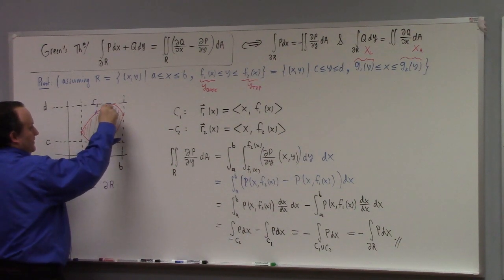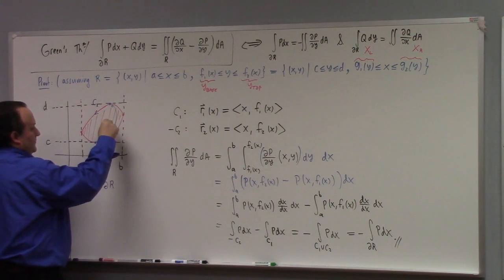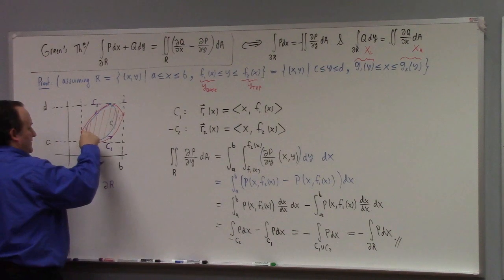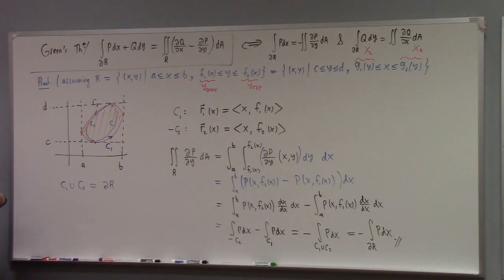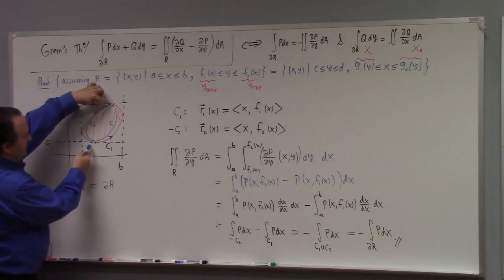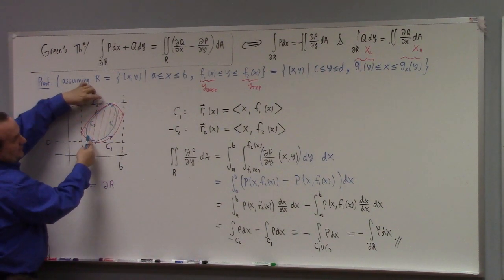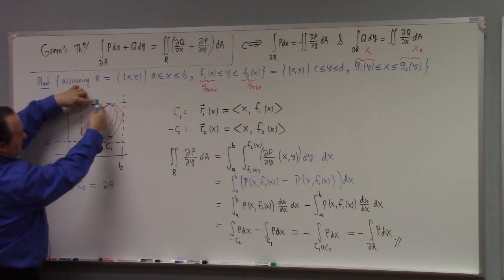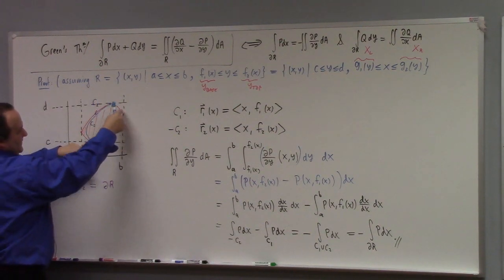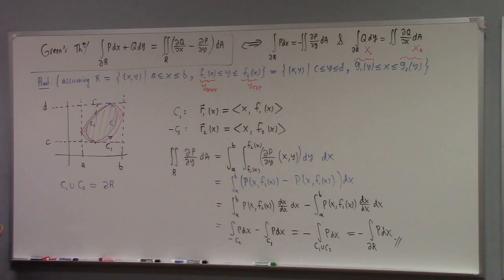This would be my C1, and that would be my C2. Something like that. And then I'd be able to integrate from c to d, and this equation right here, this guy is my g1 of y, that's my XL over here on the left, and that's my XR on the right. I don't think we've ever really had an example quite like this, but this could happen.